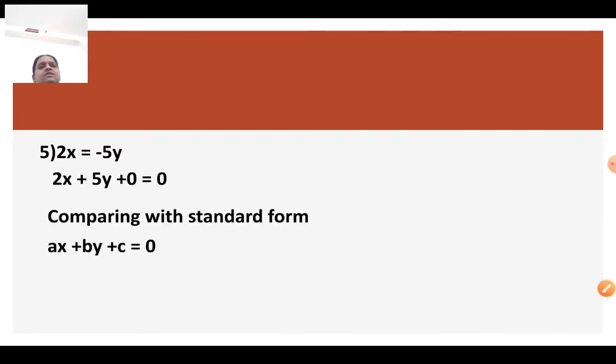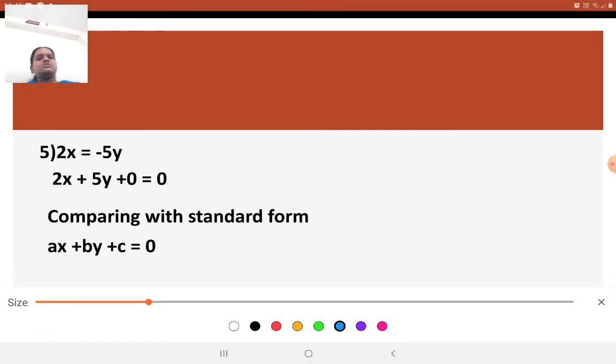Comparing with the standard form of the equation, that is ax plus by plus c equal to 0, can you guess what your a, b, c values will be? What is your a value? a is the coefficient of x, so a is equal to 2. b is the coefficient of y, therefore b is equal to 5, and c is not given, so we write c as 0.